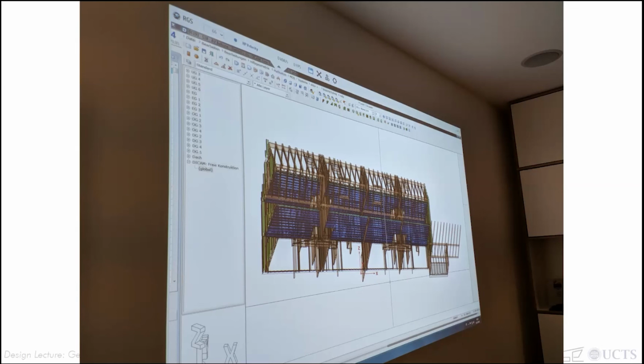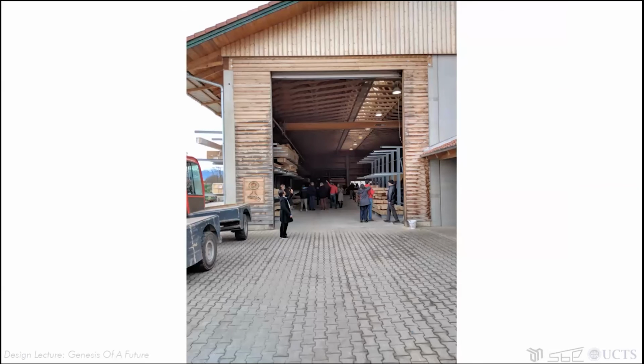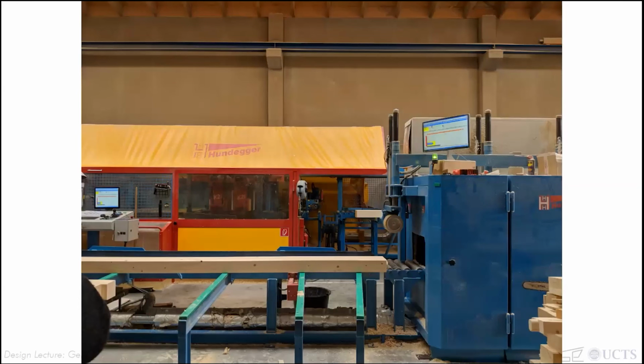What this does is compute all the sizes of the beams, the purlins, and the columns, and turn them into numerical data. And next, they take it to the factory just behind the office, and they feed it through this pretty amazing beast, like you can see here.